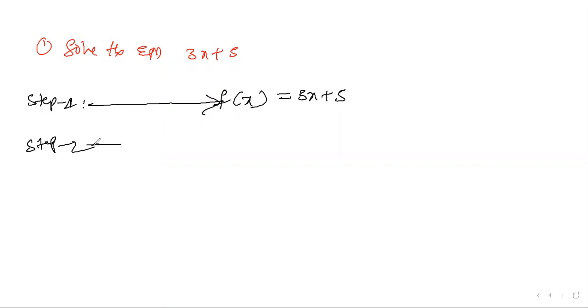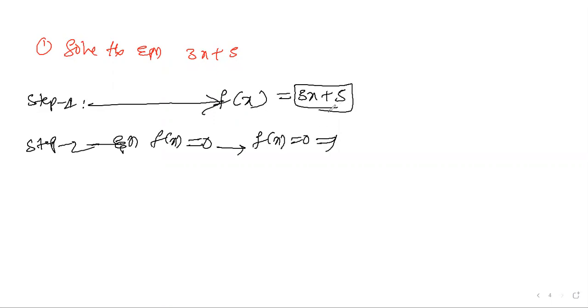Once f of x is equal to 0, that is nothing but 3x plus 5 is equal to 0.